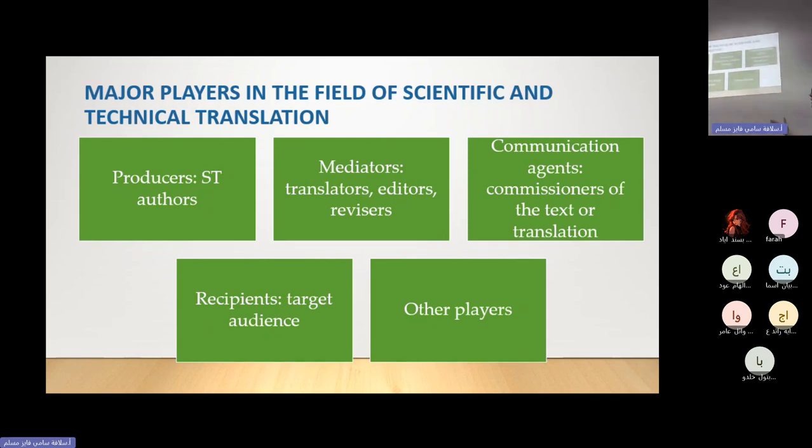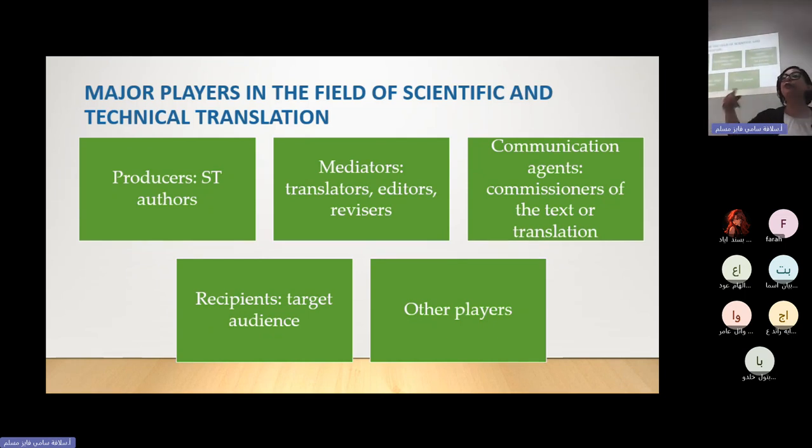Who else? The last ones who will receive the text are the target audiences. And we have some other players, for example lawyers. There may be a contract to be signed by the translator to work with or for this company to translate something. So they enter this group.